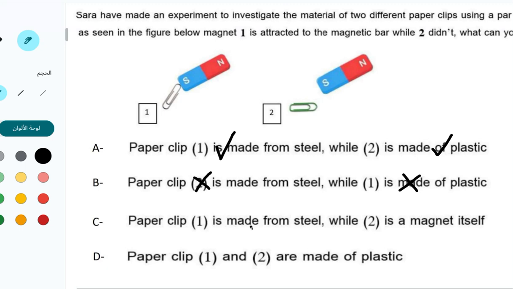This is true. While 2 is a magnet itself. That is false, because they would be attracted to the magnet, or at least put force on each other. Paperclip 1 and 2 are made of plastic. That's not true. So the best correct answer would be A.